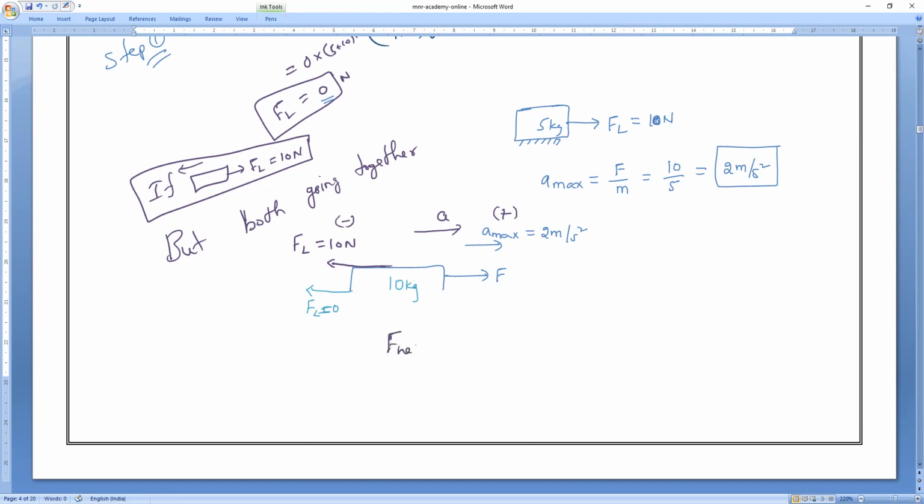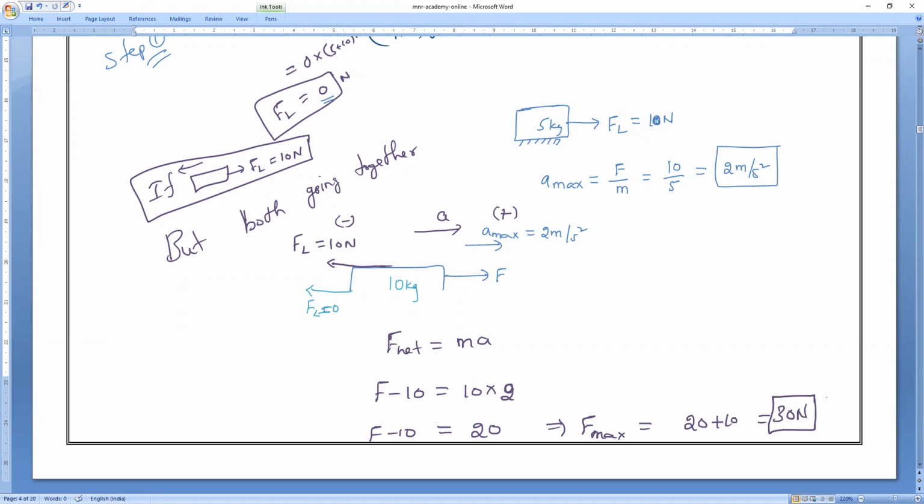So F net is equal to MA. F minus 10 is equal to the mass 10 times the acceleration. Acceleration is 2, so F minus 10 is equal to 20. So what is the F maximum? 20 plus 10.